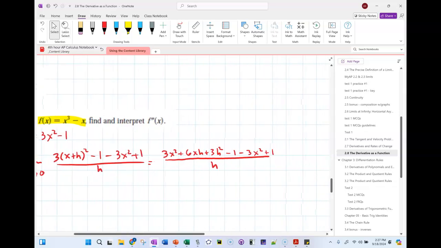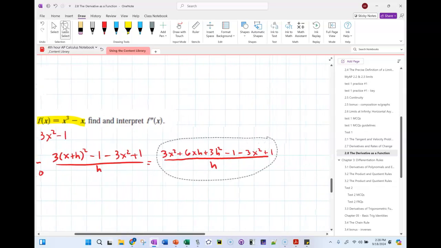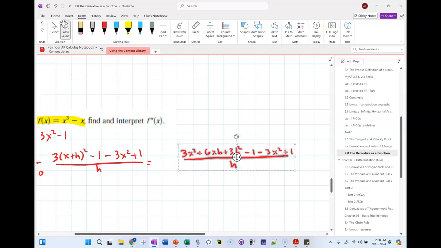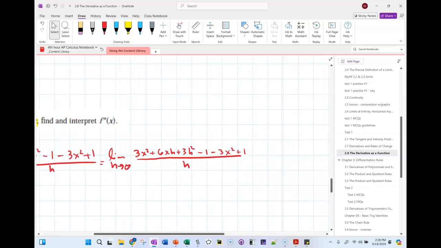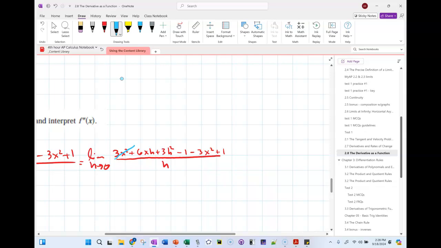Nobody sees it? I didn't write the limit. You're like, oh, Mr. Kulik, that's not a big mistake. I say, au contraire, my friend. That is a big mistake. So I'll combine some like terms. All that stuff cancels out. Reduce my h's.